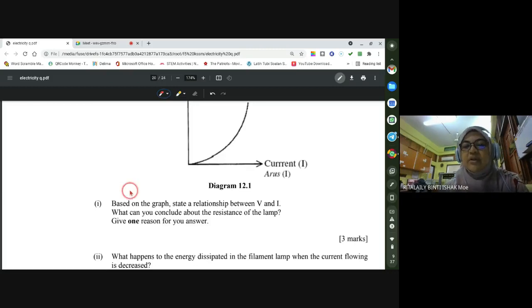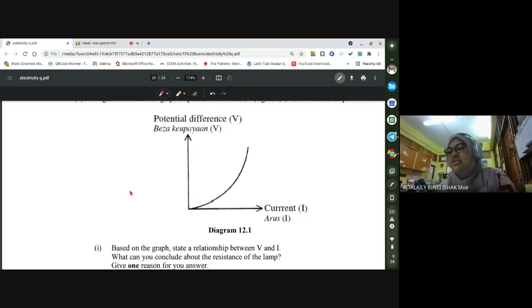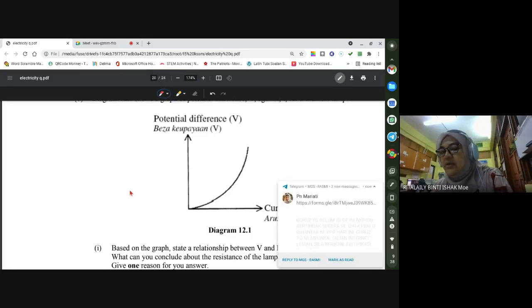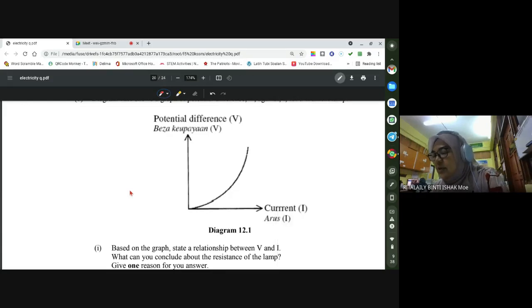So based on the graph, what is the relationship? Inversely proportional, as voltage increases, resistance increases. Okay, the first part of your answer is not accurate.